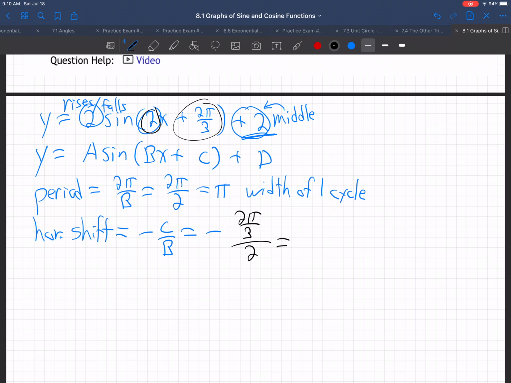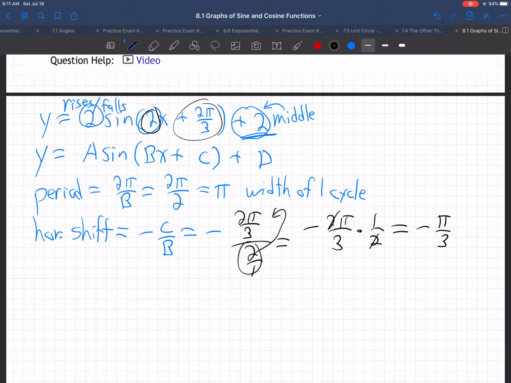Okay, so how do we deal with a fraction over fraction? You grab this 2 in the denominator, you flip it up, so you take the minus 2 pi over 3 and you multiply by a half, right? Because this is 2 over 1. When you flip it up, it goes upside down because multiplying is upside down of dividing. And so the 2's cancel and we get minus pi over 3.